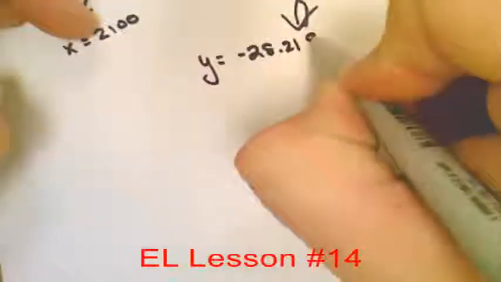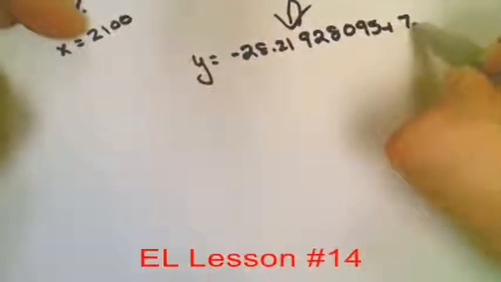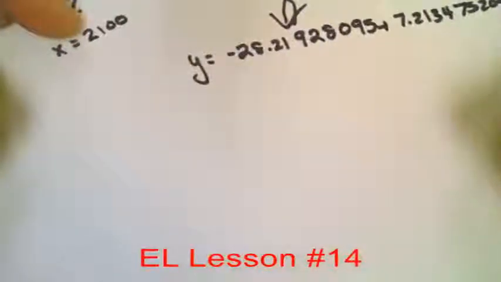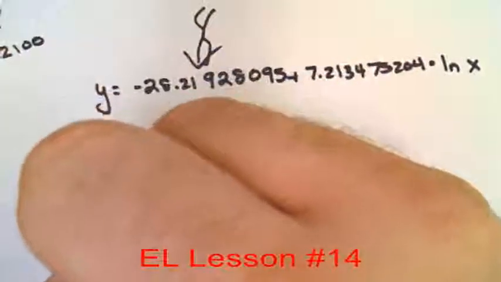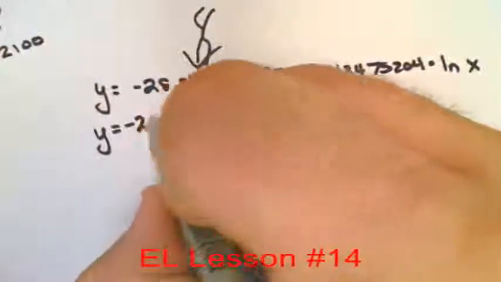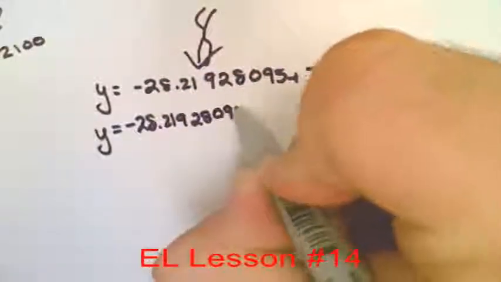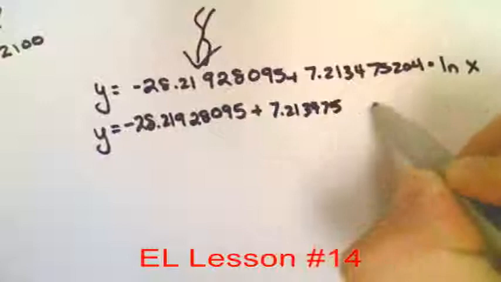For example, part B, based on the regression equation, determine the minimum perceivable difference. I have y, I have x. X is the mass, which is 2100. So I'd use my equation and solve from there. The key thing is when you go to type it in, you've got y equals negative 28.21928095 plus 7.213475204 times the natural log of x.